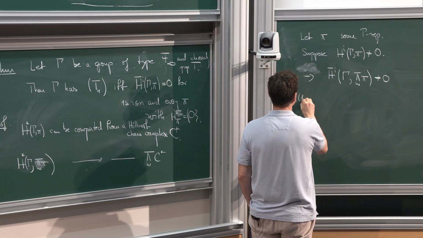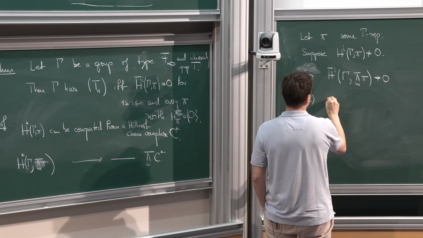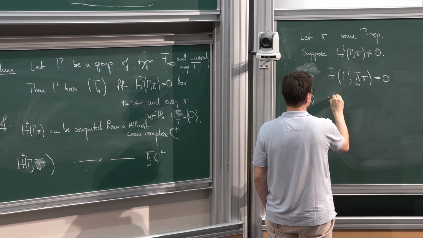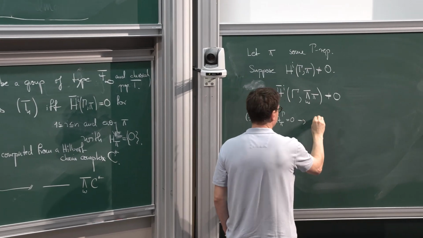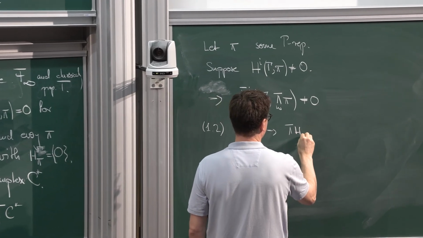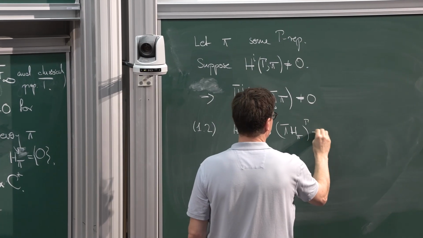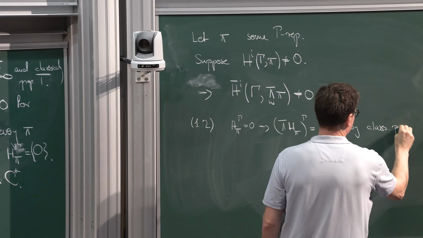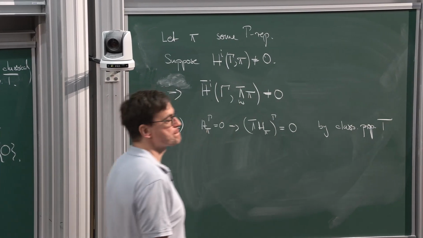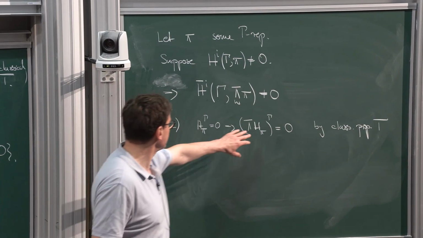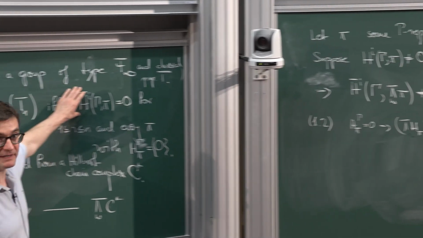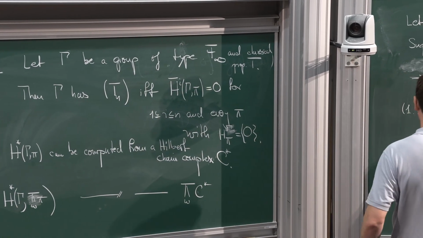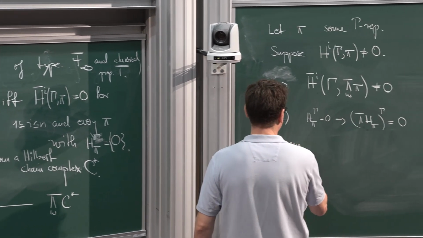But somehow in 1.2, we've seen that if you have no invariance and you have property T, then you have this by classical property T. So we can apply to this ultra power representation our assumption on the vanishing of the reduced cohomology, and we get a contradiction. So the assumption leads to a contradiction.